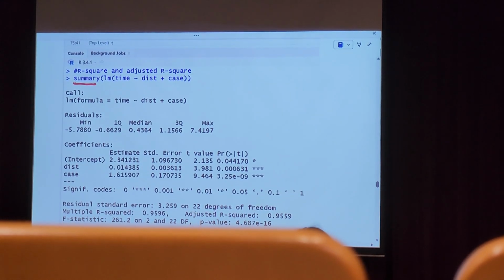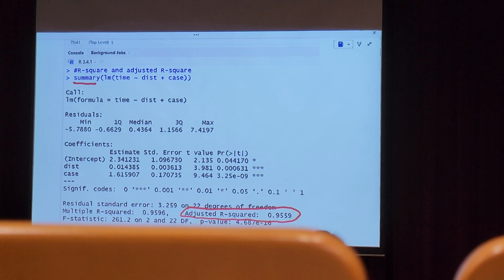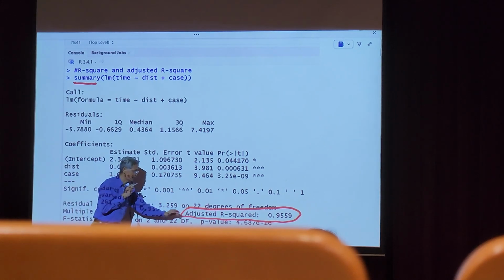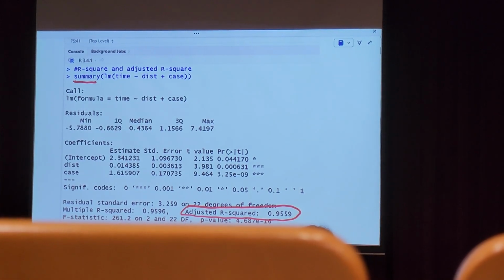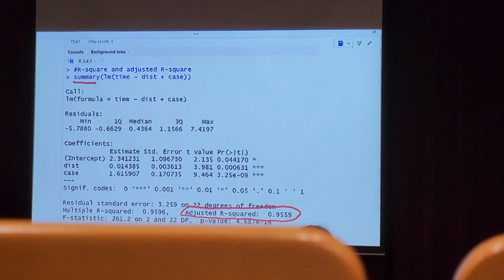Summary will give me the adjusted R squared. There's very little difference here. This is the R squared. This is the adjusted R squared. Sometimes, most of the time, it's actually not too different.